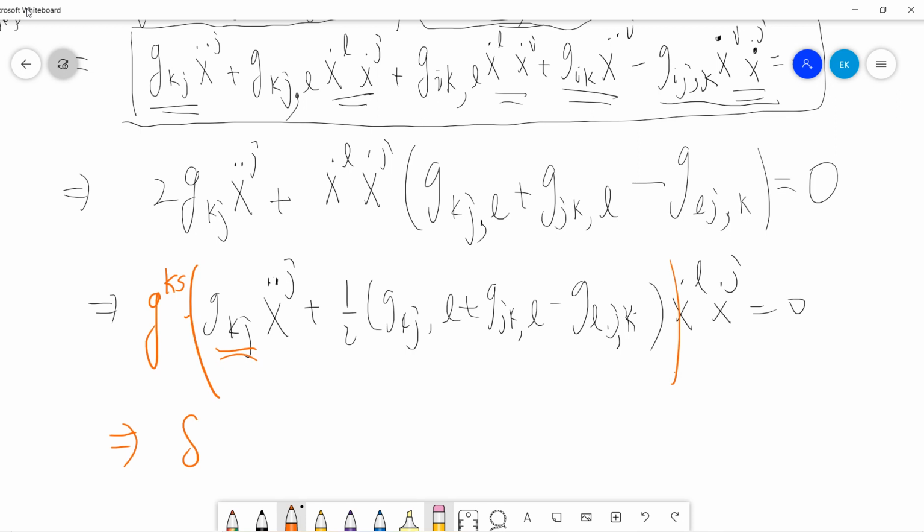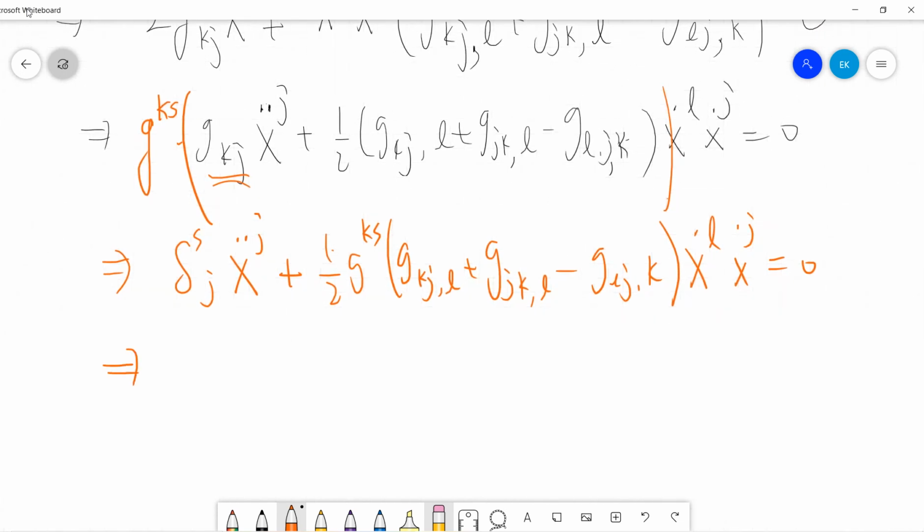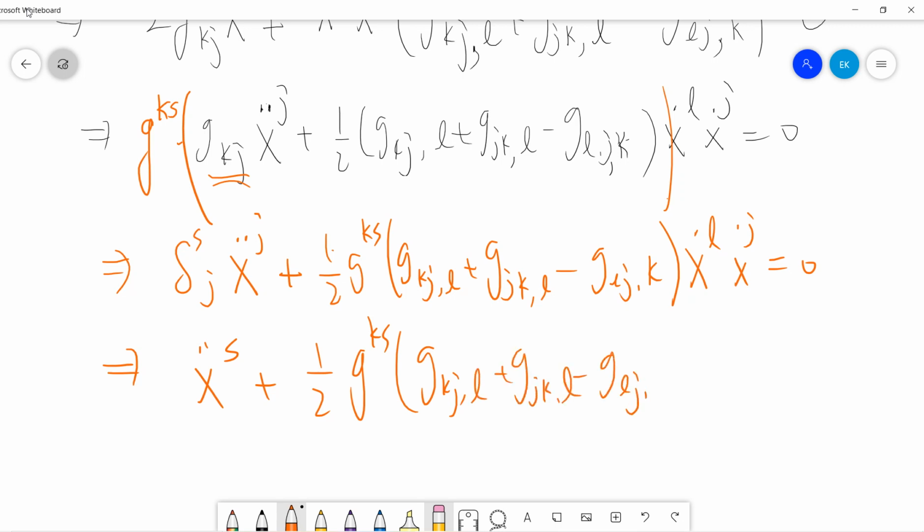So this is delta^s_j x double dot j plus this g^ks. There's nothing we can do about this term because it's just some fixed x dot l x dot j equals 0. So the first term is x double dot s, plus a half g^ks (g_kj,l plus g_jk,l plus g_lj,k) x dot l x dot j.